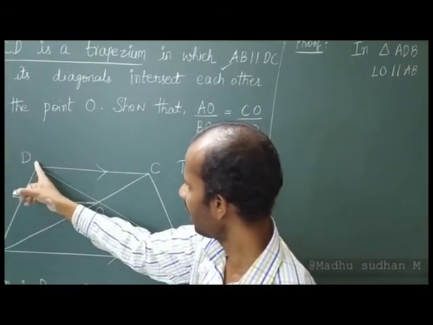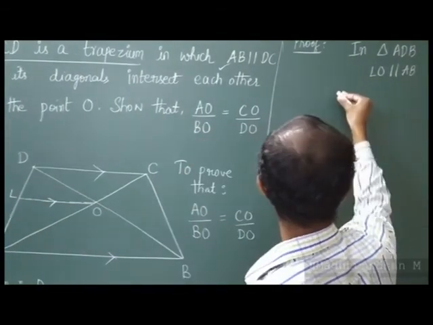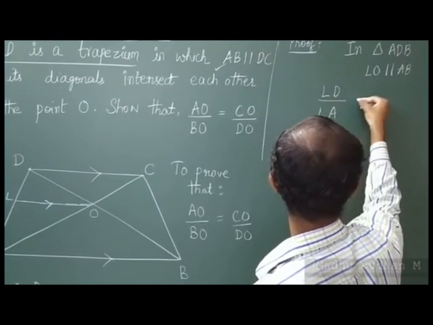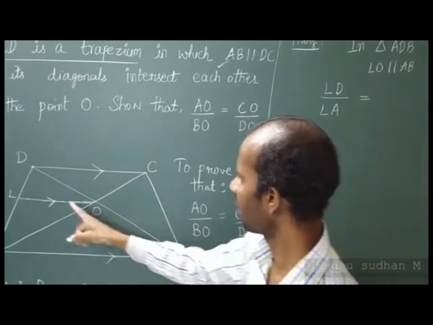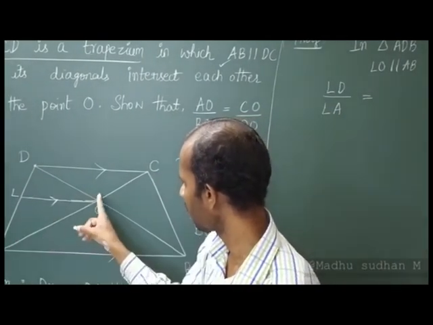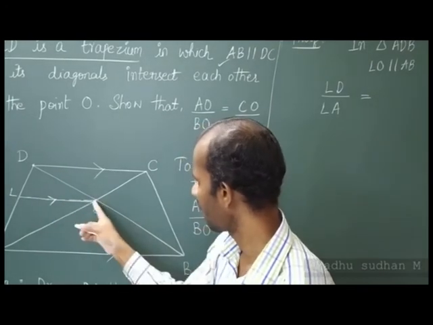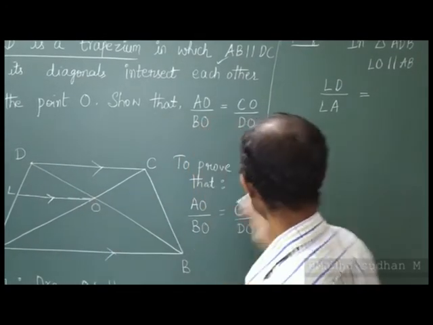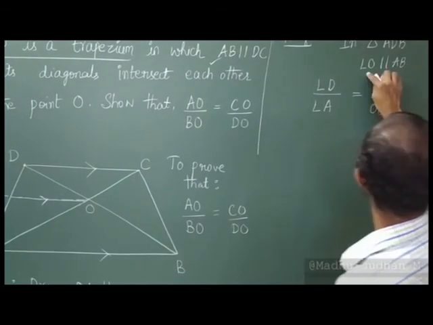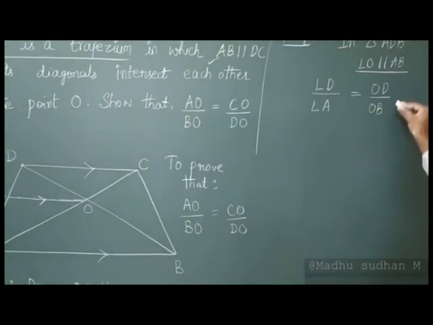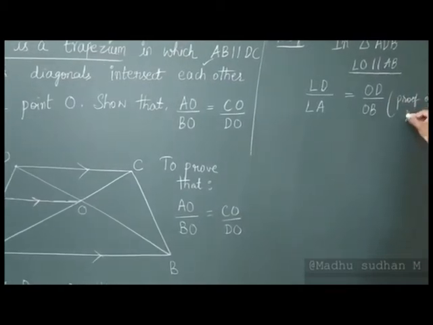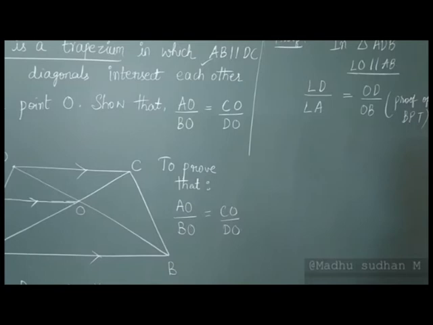LD by LA should be equal to the upper part and the lower part, OD by OB. So let me write OD by OB. This is your condition for that, and this is your proof of BPT. Followed it?